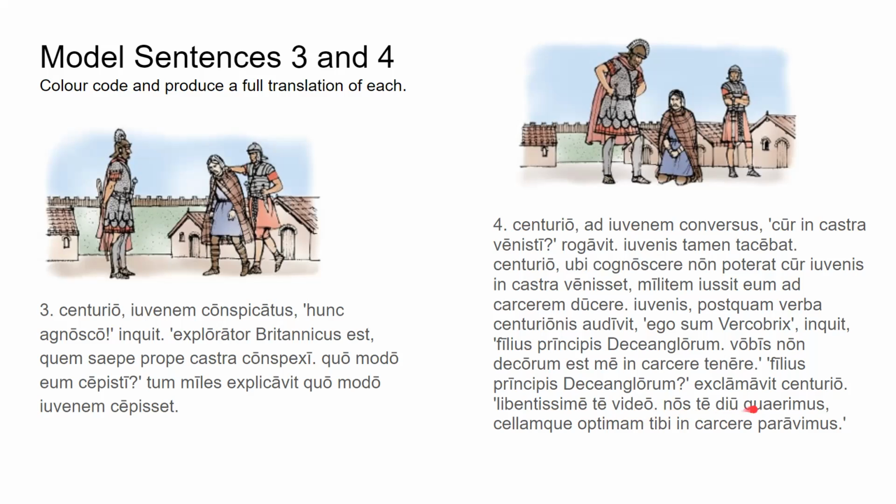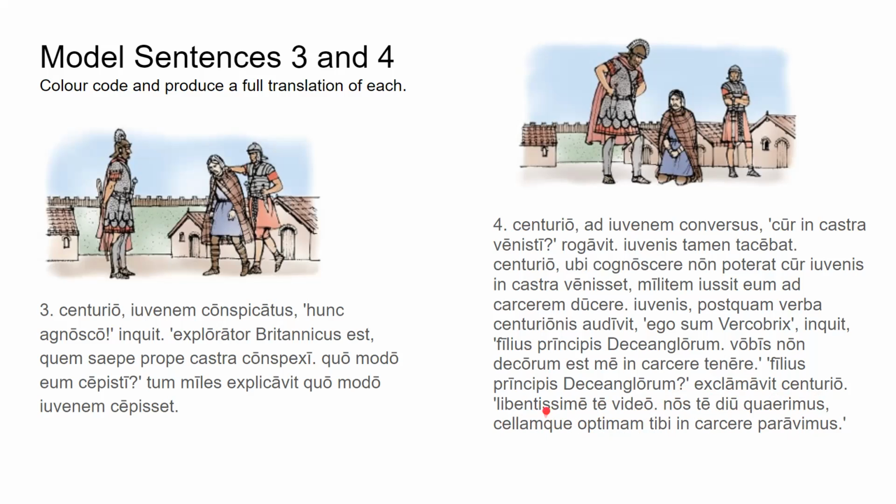Nos te diu quaerimus calamque optimum tibi in carcere paravimus. So we've been looking for you. Perfect tense. We've been looking for you. So nos is our subject. Te is the direct object. We've been looking for you. Diu, that is an adverb, for a long time. Calamque, optimum.